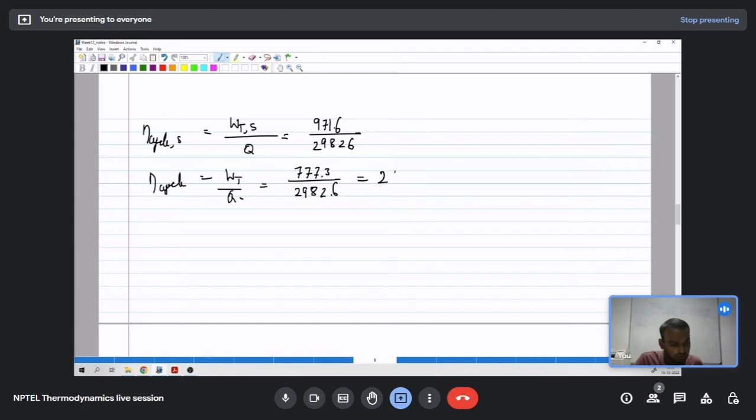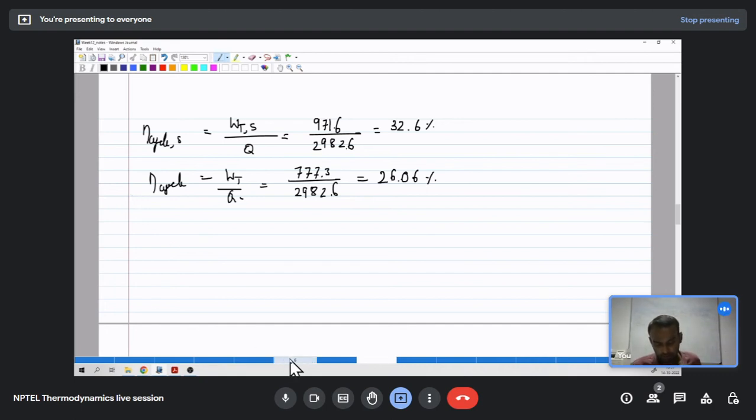This is 32.6% and this one is 26.06%. So we have calculated the cycle efficiencies.